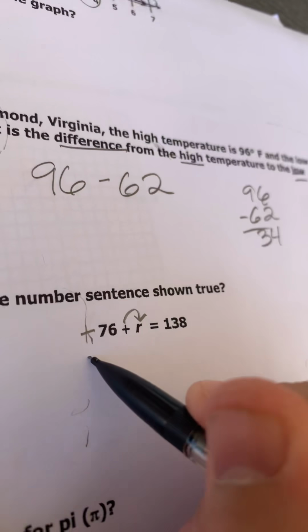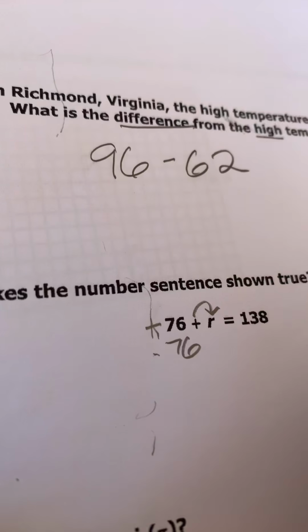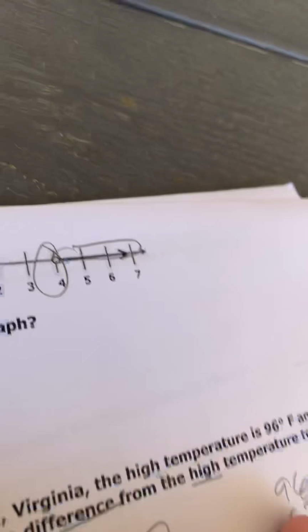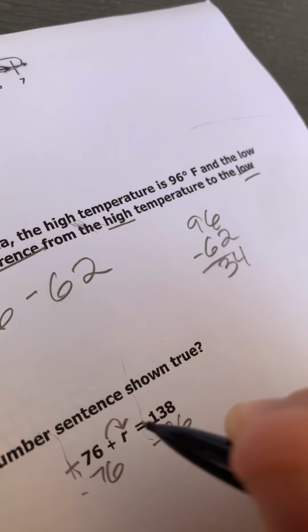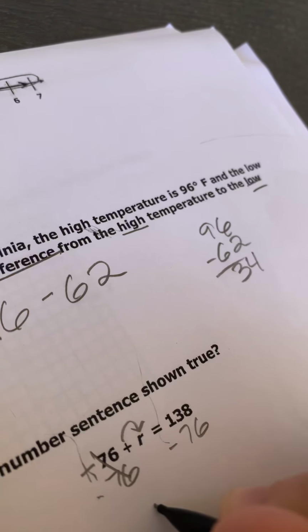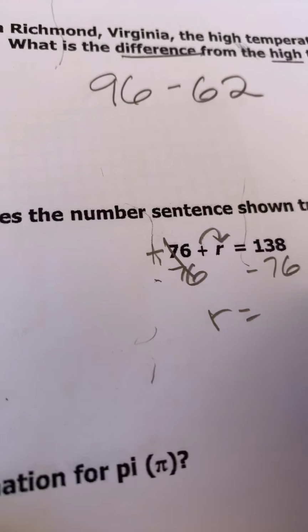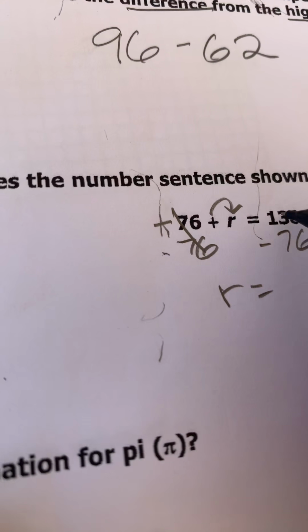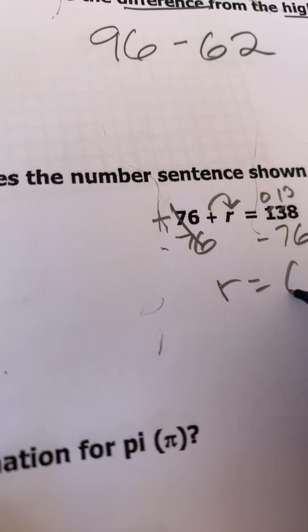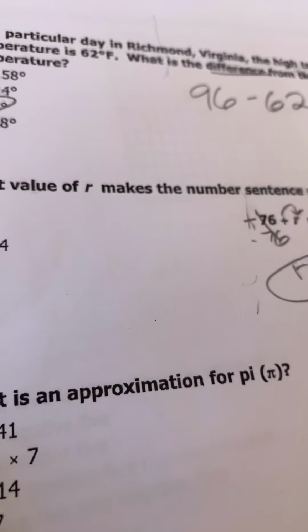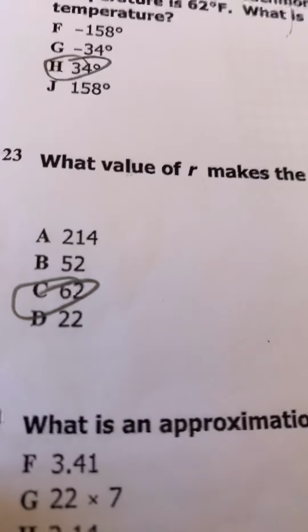The opposite of adding 76 is subtracting 76. So if I subtract 76 over here, I need to subtract 76 over here. I'm left with R. 8 minus 6 is 2. Can't take 7 from 3, make that a 0, make this a 13. 13 minus 7 is 6. So R is equal to 62.